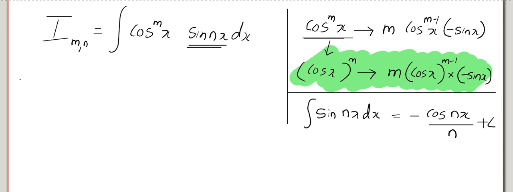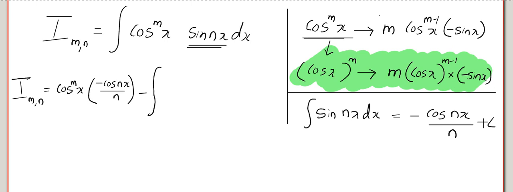Let's start with integration by parts. So we have the first function multiplied by the integration of the second function, minus inside an integral the derivative. The derivative is already here. We can see there is one more minus.